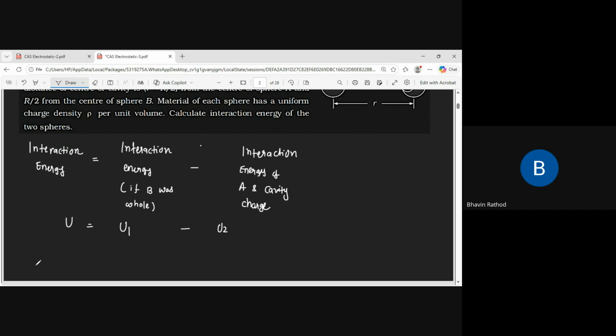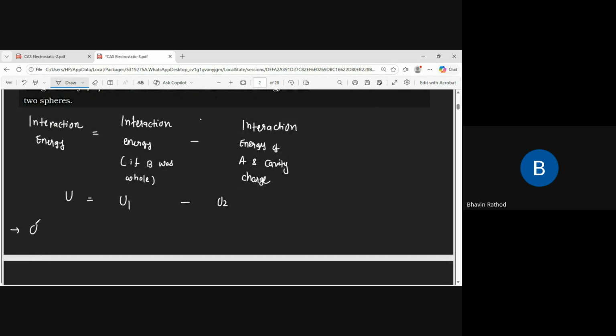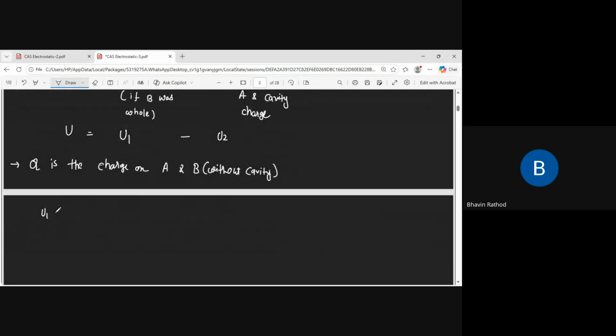If Q is the charge on the spheres A and B, where B is without the cavity, so it's a whole sphere, then U1 is rather straightforward. It is kQ squared by R. That's U1.